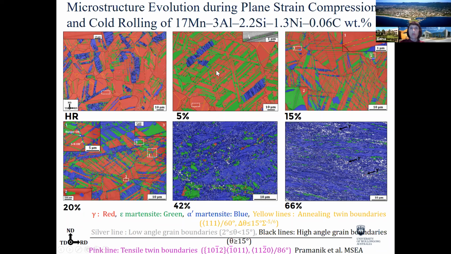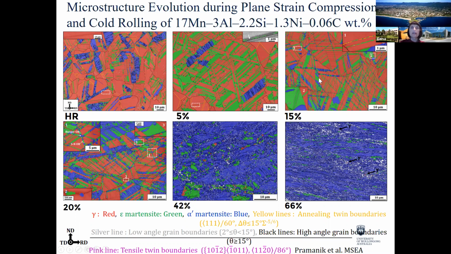With deformation, we have an increase in the formation of epsilon martensite on these stacking faults, and at higher strain, you could see that annealing twins also are preferential nucleation sites for formation of epsilon martensite. With further deformation, we have a more complex network forming of epsilon martensite, and two competing events take place.